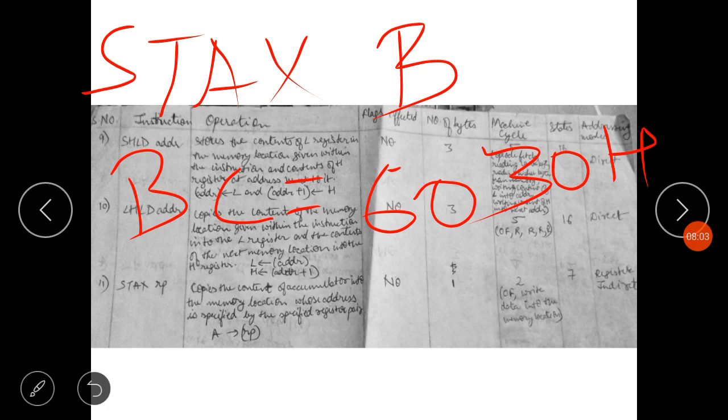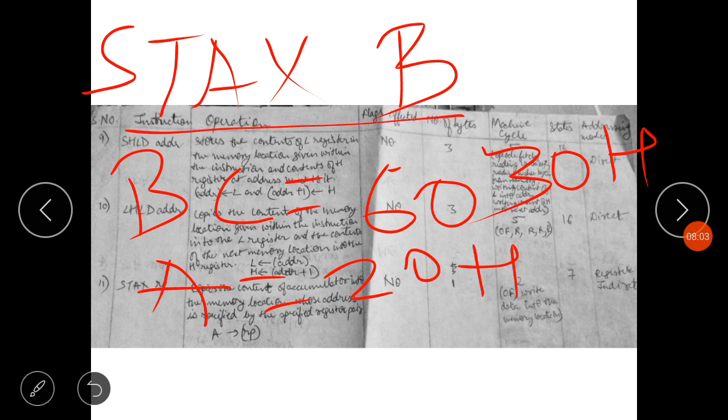And let the content of the accumulator be 20H at the time of execution of this instruction. So after execution of this instruction, what will happen?